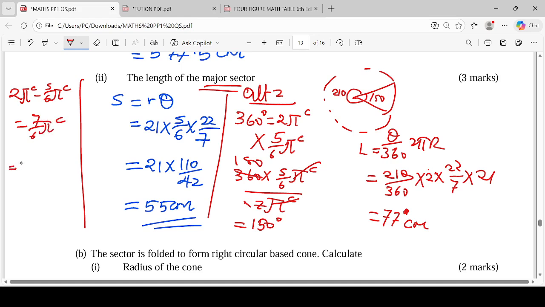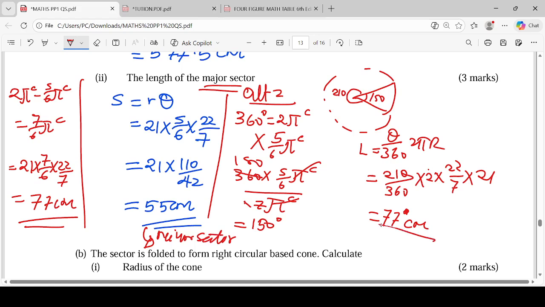Now I could have said 21 multiplied by 7 over 6 by 22 over 7. This now could have given you the 77 centimeters. So the answer should be 77 centimeters. This 55, remember, is for the minor sector, but for the major sector, as per the question, it is 77 centimeters.